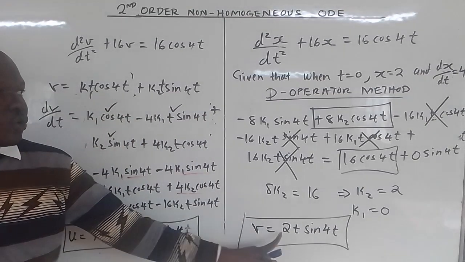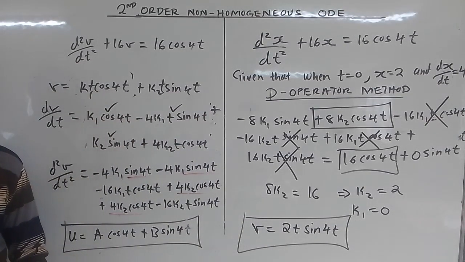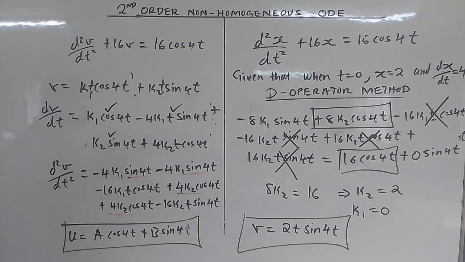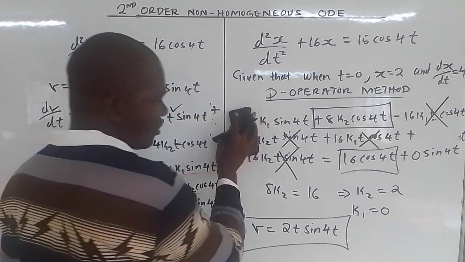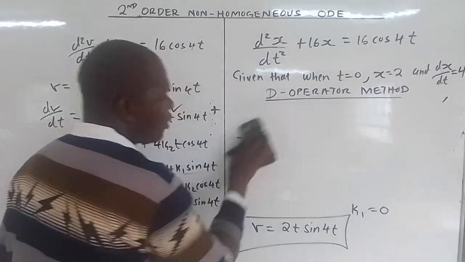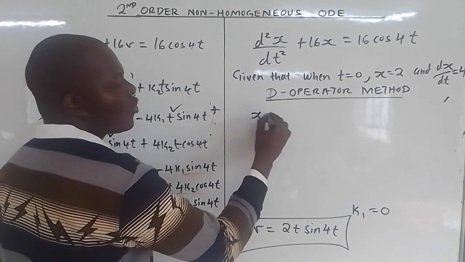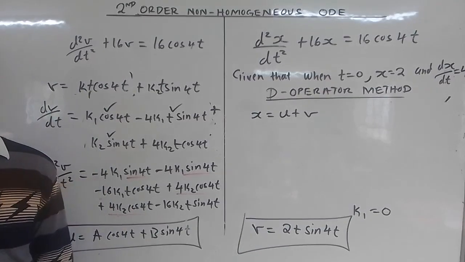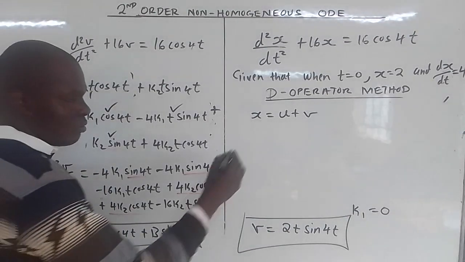So what have you found? You found u and v. So if you found u and v, it means you found x, isn't it? So what was your x? Your x was the complementary function plus the particular integral.